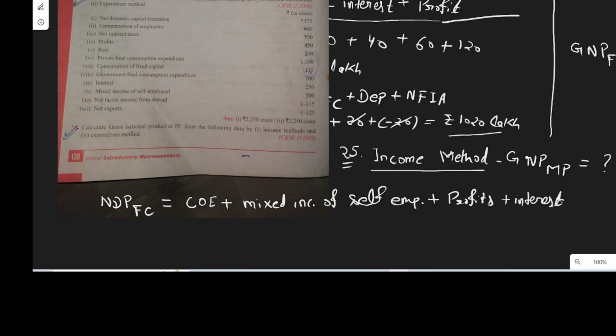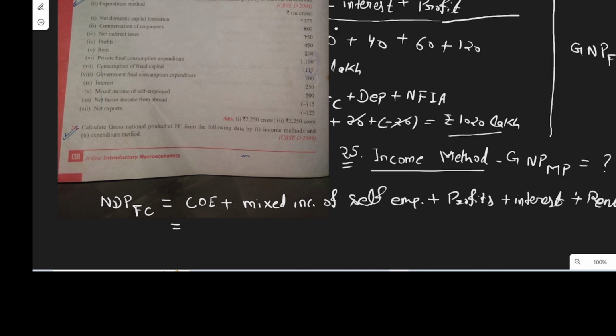Yes, we are given rent also. We can write that in any order, it doesn't make a difference. Royalty is not given, no problem. So that is the formula. Everything is done. What other things are given, we need to ignore them if they are not of use to us.